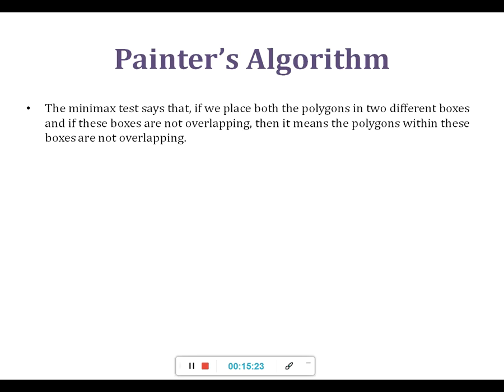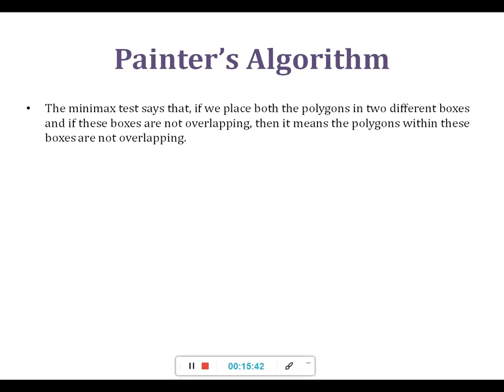This min-max test says that if we place both polygons in two different boxes, and if these boxes are not overlapping, then the polygons within these boxes are also not overlapping.